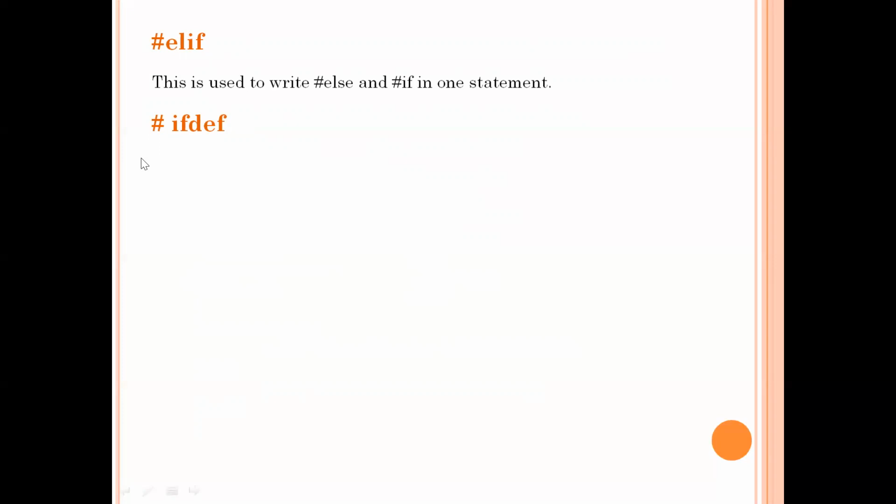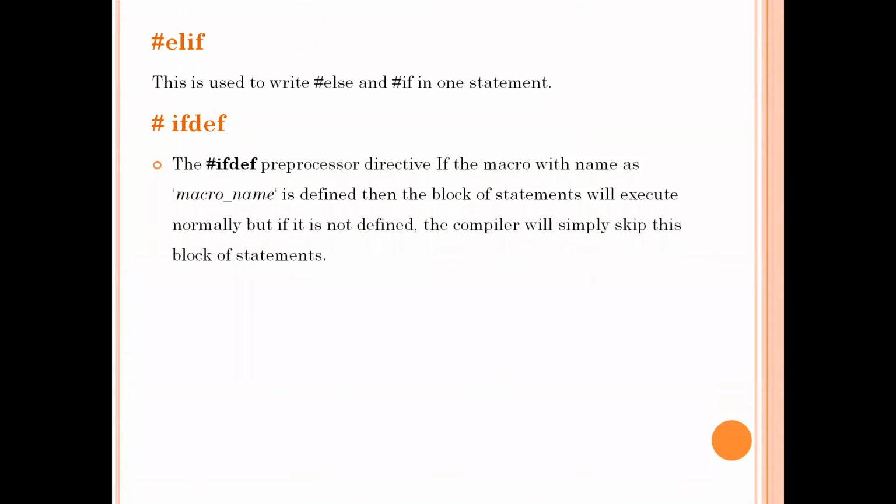Now see the next important directive, that is the #ifdef directive. Suppose here the #ifdef preprocessor directive takes one macro. If that macro is already defined by the #define directive, then the #ifdef block will be executed.